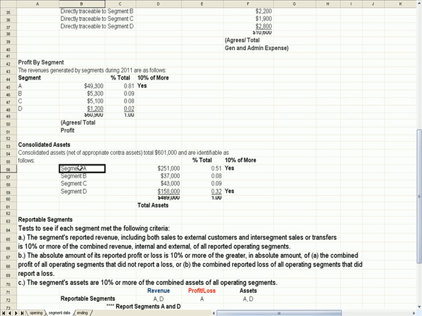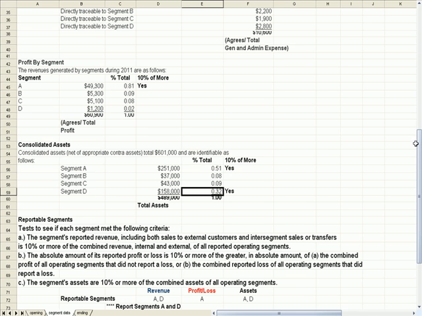Finally, for assets, pretty simple. Assets were given in the problem. A happens to have 51% of the total assets. This was all given. So I find that segment A and segment D both have 10% or more of the total assets.